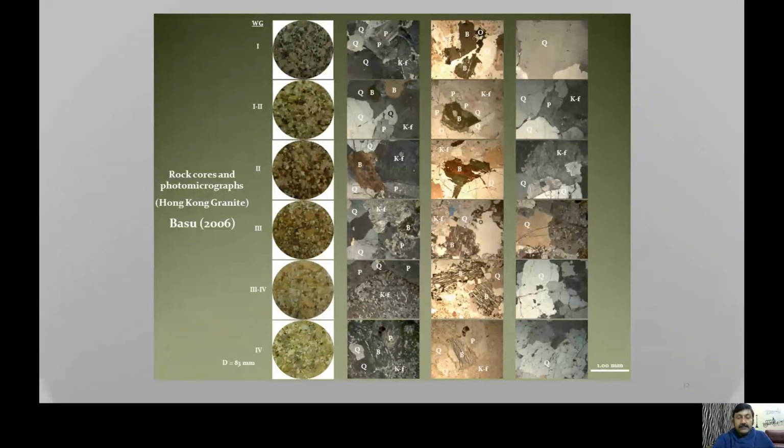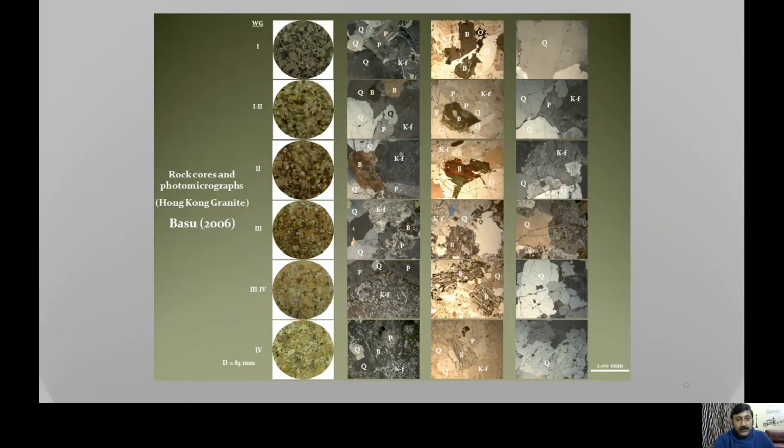It is as per the 6-4 classifications. However, depending on the appearance and characteristics of the rock cores, there were two intermediate grades that were introduced, that is grade 1 to 2 and grade 3 to 4.